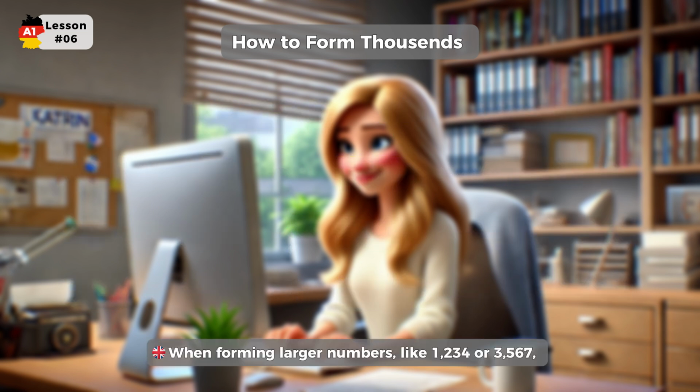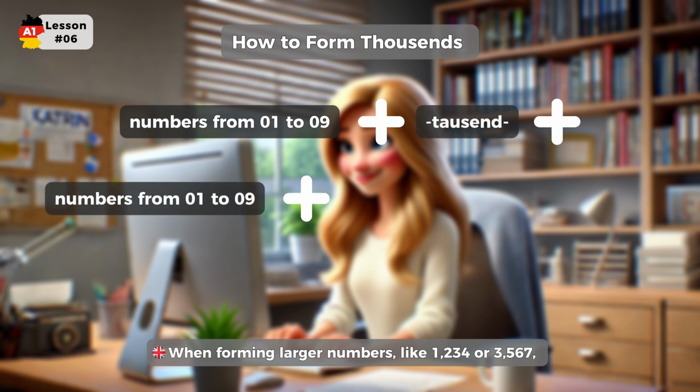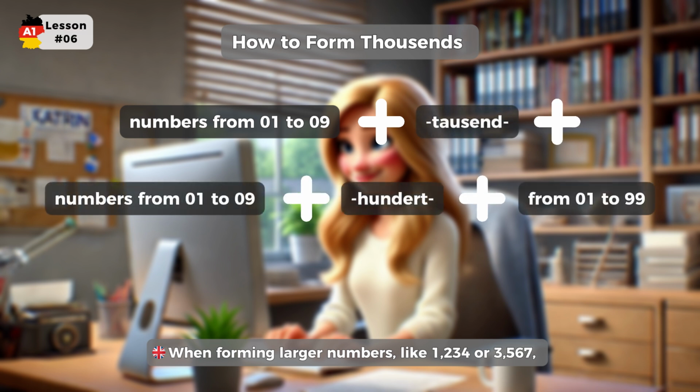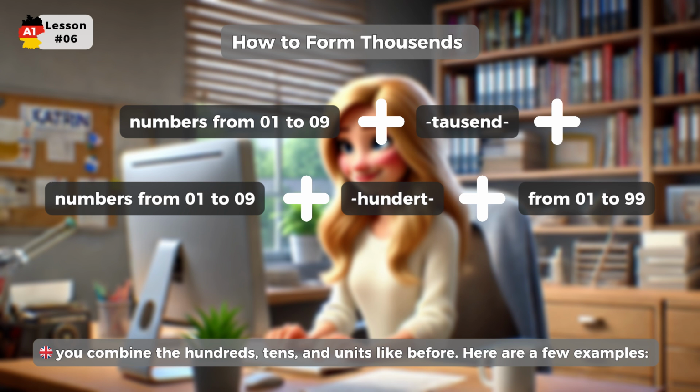When forming larger numbers, like 1,234 or 3,567, you combine the hundreds, tens, and units, like before.